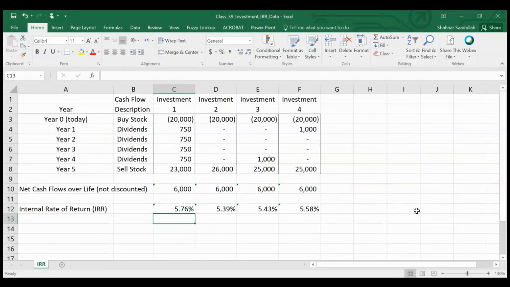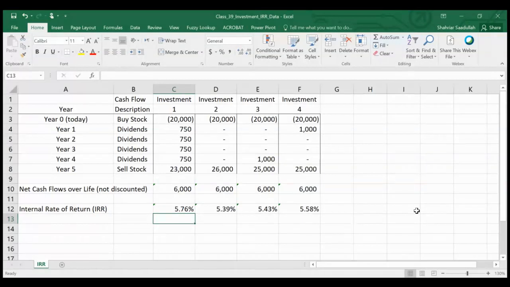Now this decision, if we make the decision that we will go with investment 1, then it would be an investment based on just this calculation. And as we discussed in class, there are other considerations, such as which investment is more risky, and additional factors.